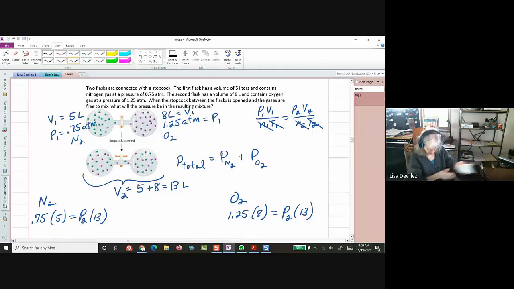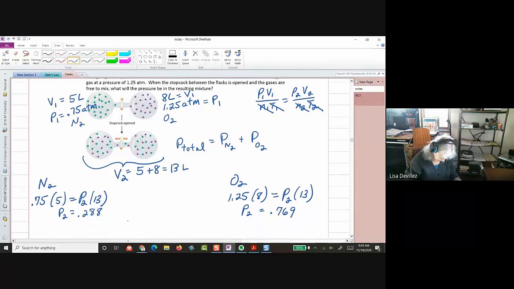Solving that, 0.75 times 5 divided by 13, I'm getting a P2 here of 0.288. And over here, 1.25 times 8 divided by 13, so my P2 here is 0.769.